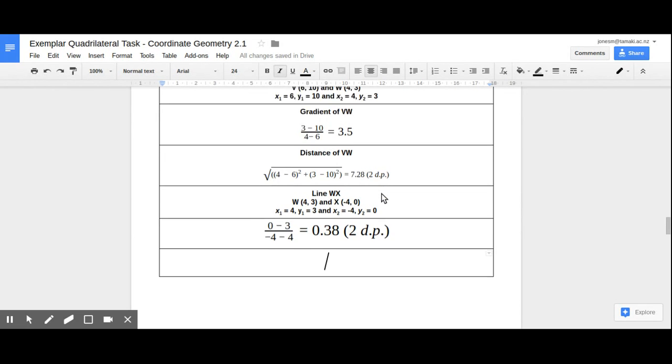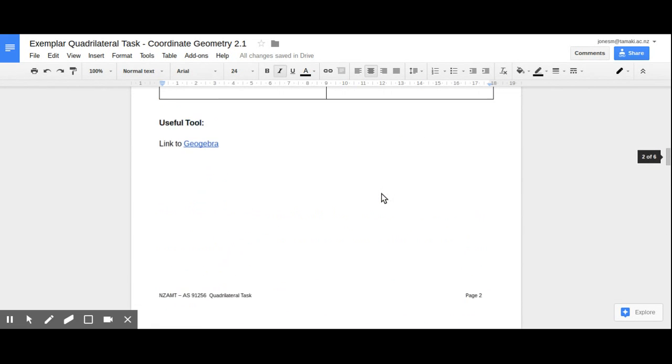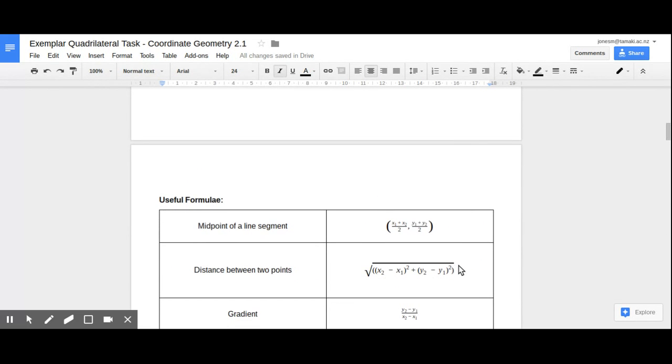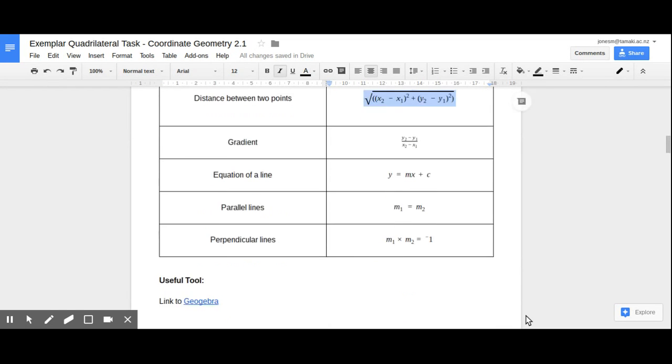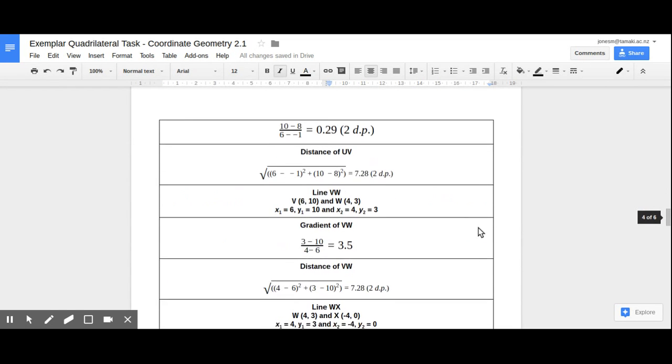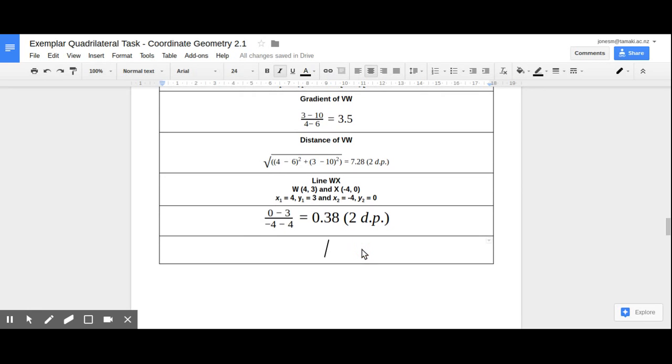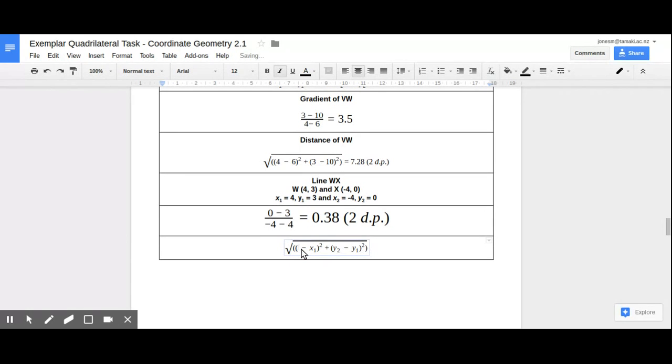Alright, so that's our gradient there. And then our distance, again using the distance formula. Our x2 is negative 4, our x1 is 4, our y2 is 0, and our y1 is 3.